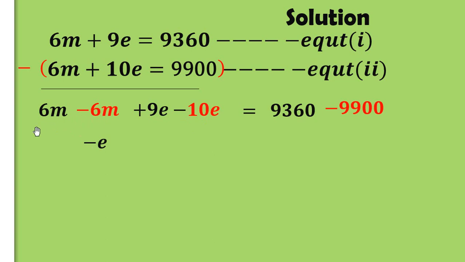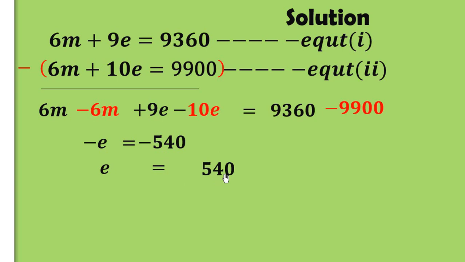Now doing the subtraction, subtract 9,900 from 9,360 naira. What you have left is 540, sorry, it's 540, not 550. So our e now equals 540 naira. That is the value of our e.